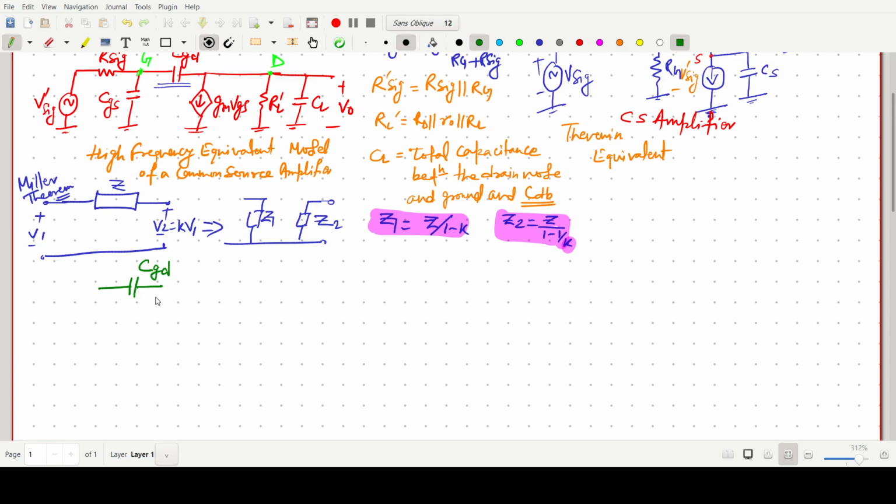What we have to do, this one is some voltage, say V1, that is our VGS. This voltage is also say VGS, okay, and this voltage is somehow k times of V1. So this CGD capacitance can be redrawn.